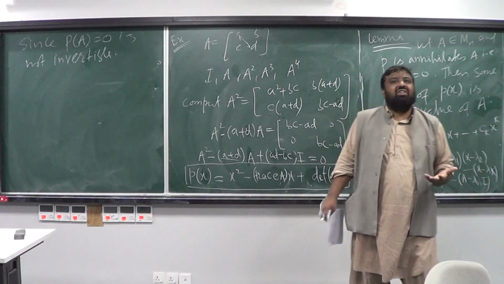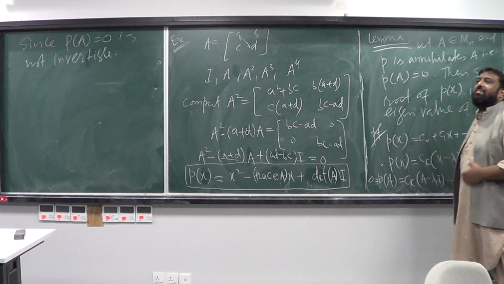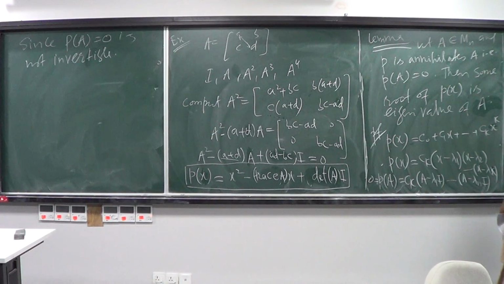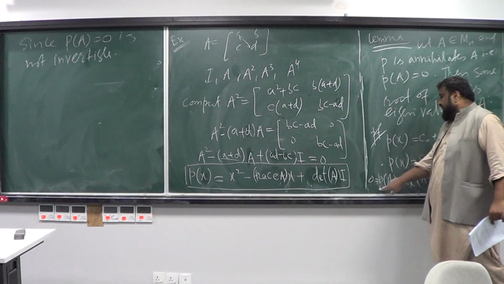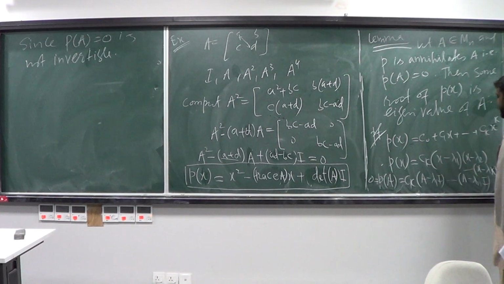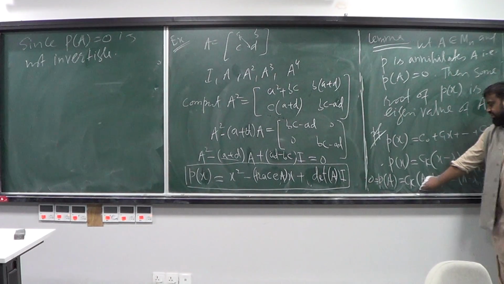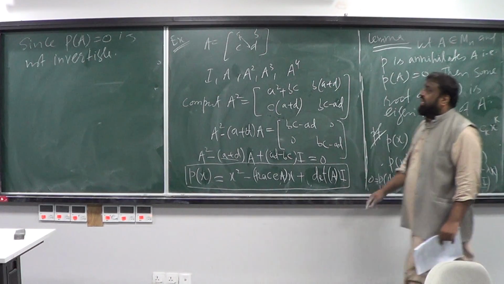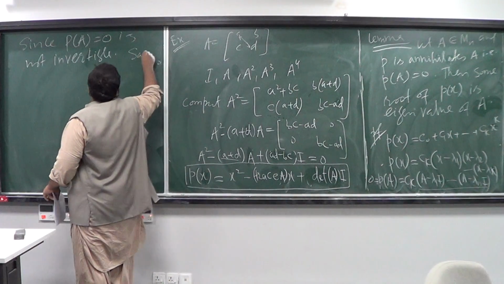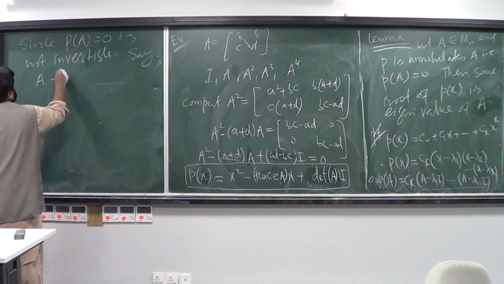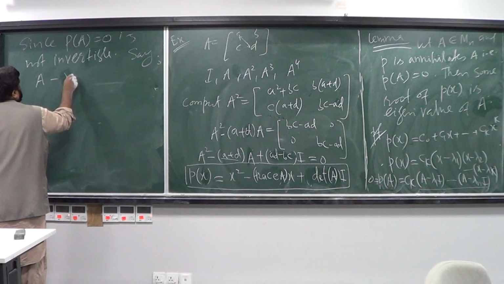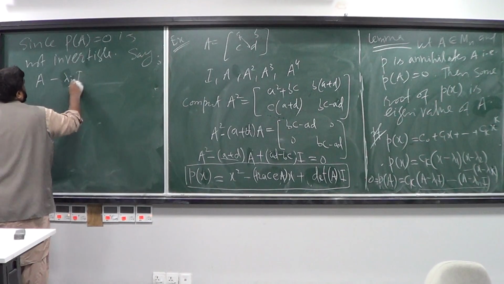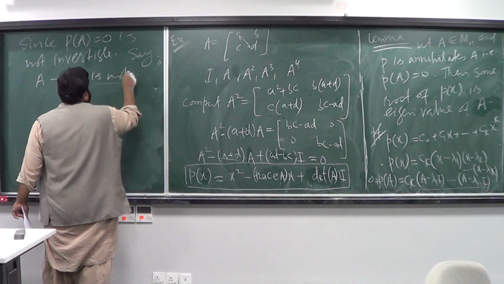You can't find a matrix that, when you multiply it with the 0 matrix, gives the identity matrix. So 0 is not invertible, therefore P of A is not invertible, and at least one of these factors is not invertible. They can't all be invertible. So say A minus lambda j I is not invertible.